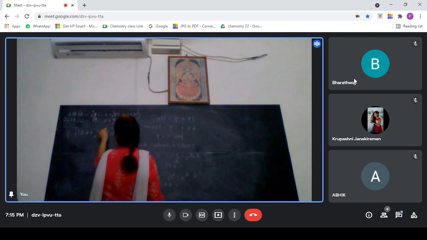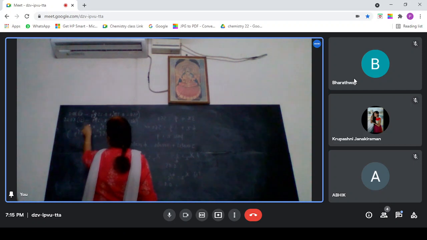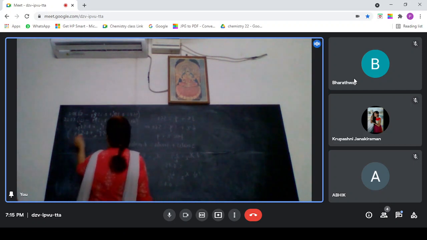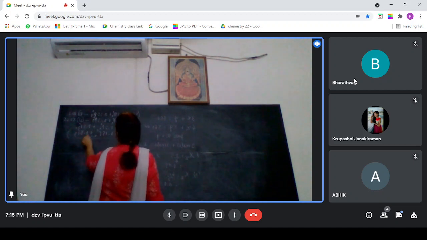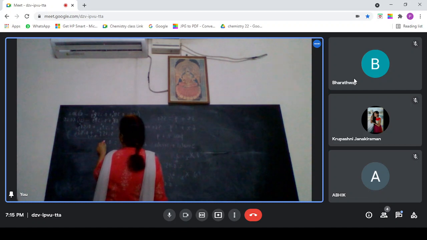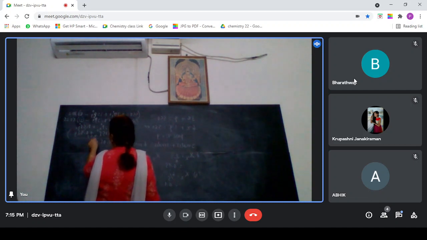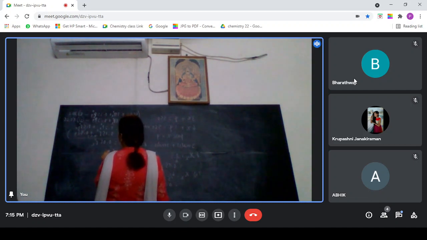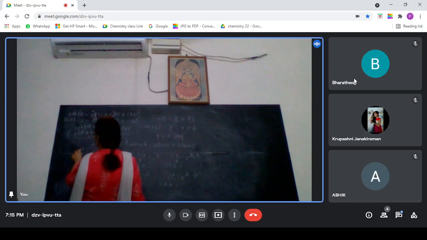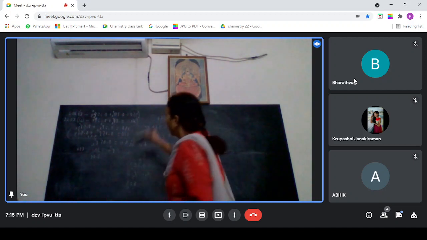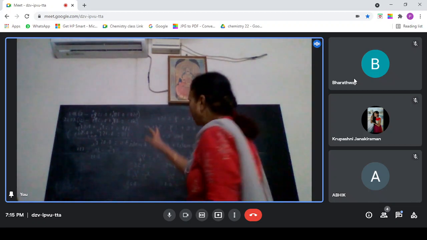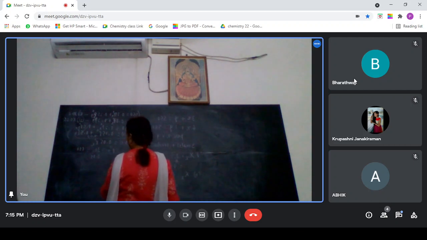So this will be 0.2 P naught X plus 0.5 P naught Y. If you subtract, this gets cancelled. So this will be 30 equal to 0.05 P naught X. So P naught X is equal to 30 by 0.05, that is equal to 600. Once you get one, it is easier to find the other. You can take any one of the equations and do the other.